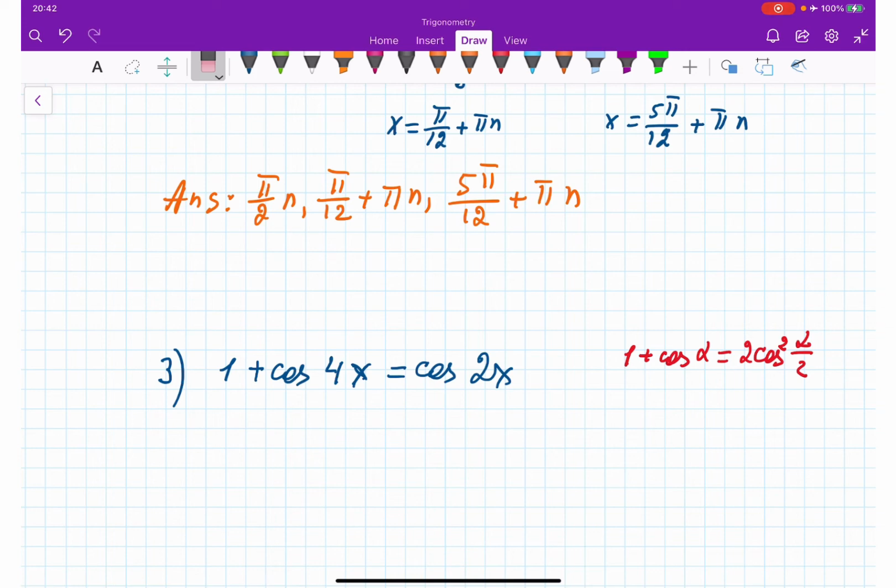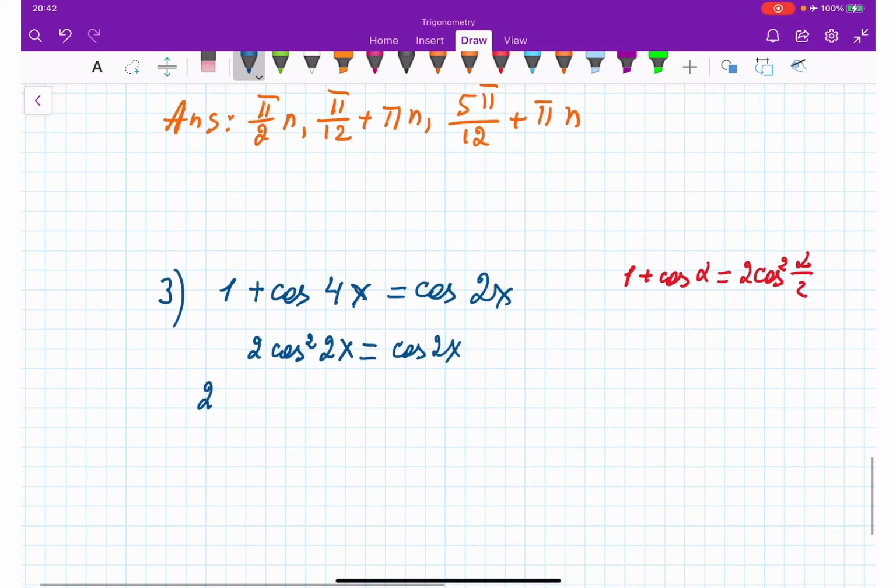Okay, so what do we get here? We are getting 2 cosine squared 2x is equal cosine 2x. Okay, doing some simplifications, minus cosine 2x is equal 0.